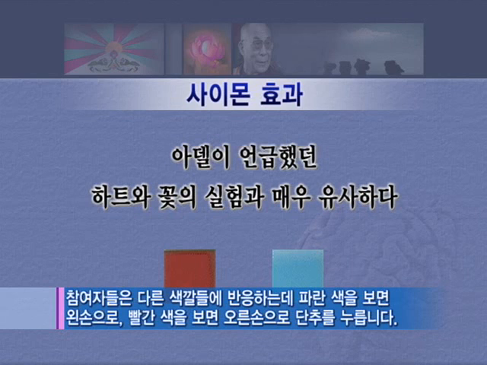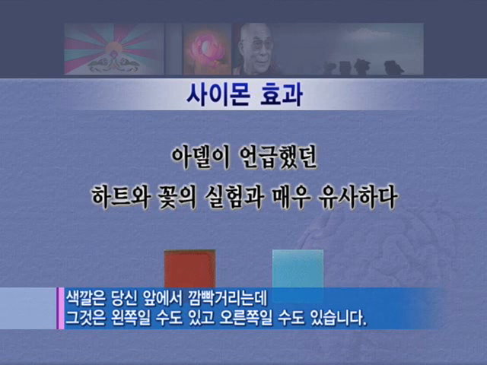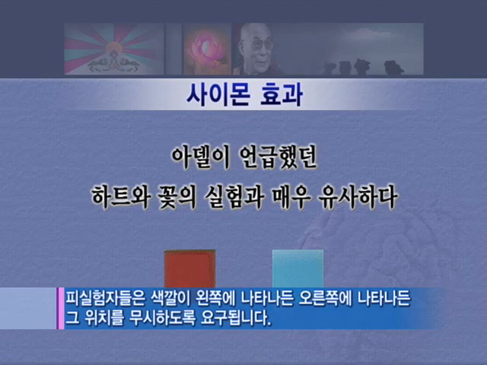Participants respond to different colors, pressing a button with the left hand if they see the color blue, pressing with the right hand if they see the color red. So the colors are flashed in front of you, but they can be flashed on the right or the left. The subjects are asked to ignore the location of the color, whether the color is displayed to the right or the left.